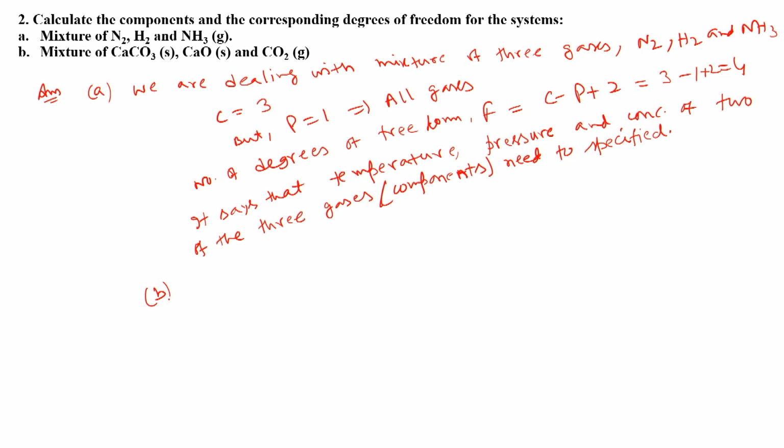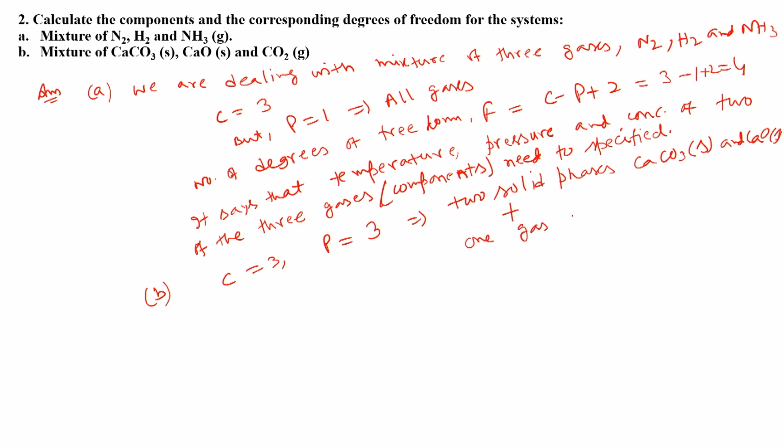Second problem says mixture of CaCO3, CaO and CO2. So again C is 3, P is 3, right, because two solid phases, CaCO3 solid and CaO solid, plus one gas phase, CO2 gas.